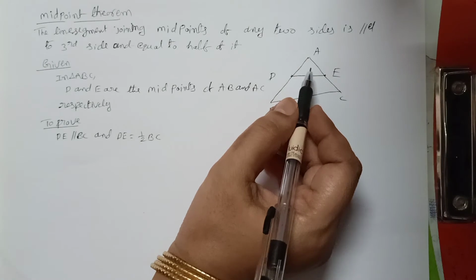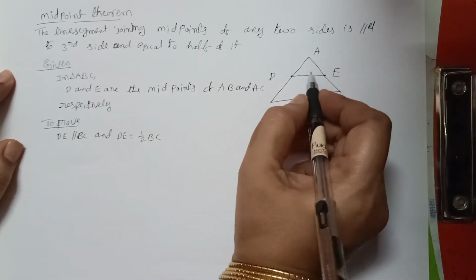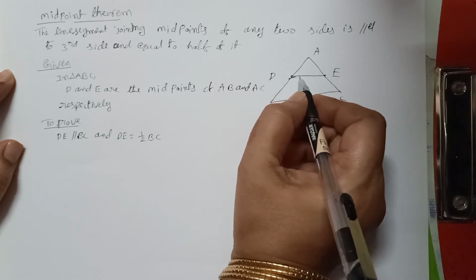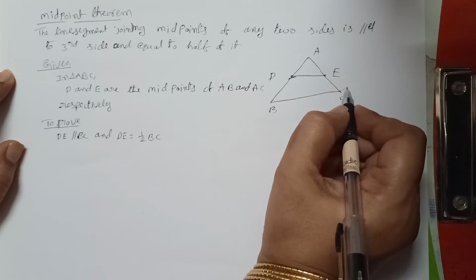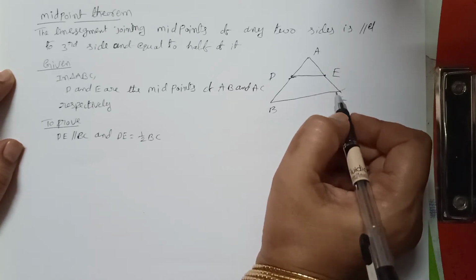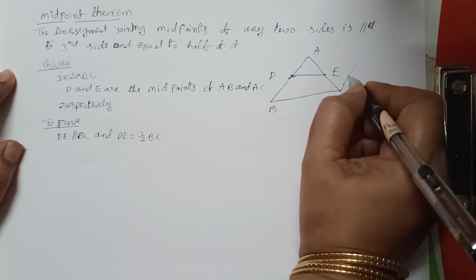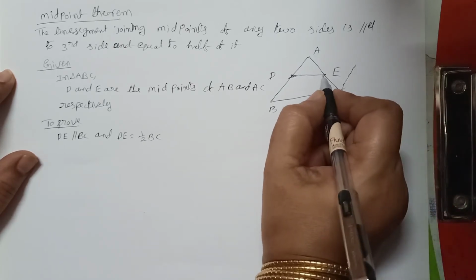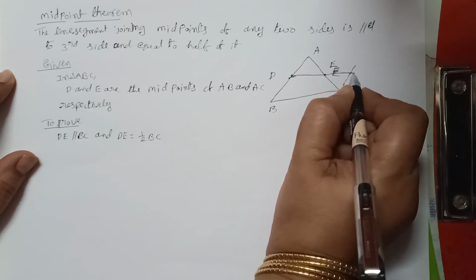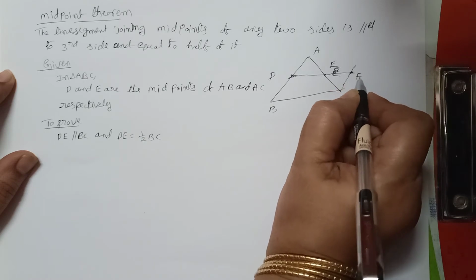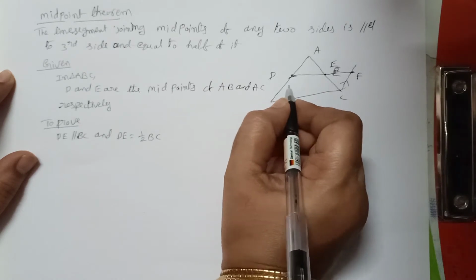With this given figure, we cannot prove this one. So we have to do some construction. By proving the congruence of triangles, we can prove this one. So let us do some construction. Draw CF parallel to BA and produce DE to F. So this point is F. Now this CF is parallel to BA.